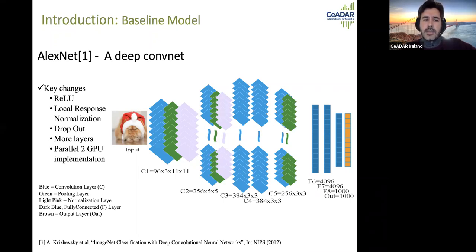The changes made in it were the use of ReLU activation function, local response normalization, dropout layer, increasing the number of layers, and, more importantly, implementing this network on 2 parallel GPUs to train it on those 1.5 million images. No doubt it showed pretty good results, and everybody shifted from traditional computer vision and machine learning towards neural networks.